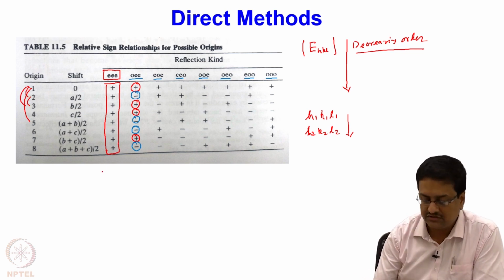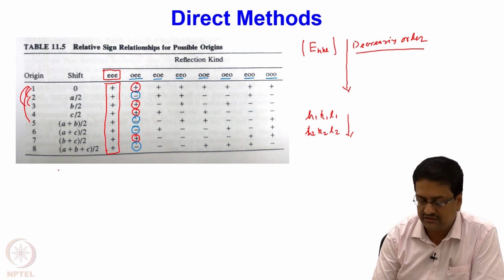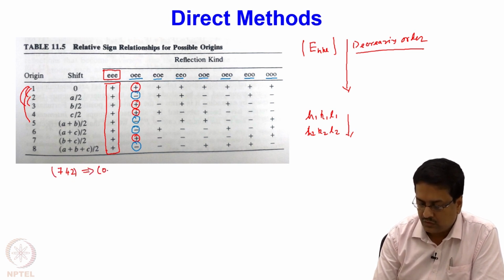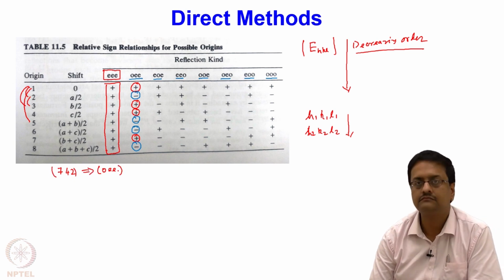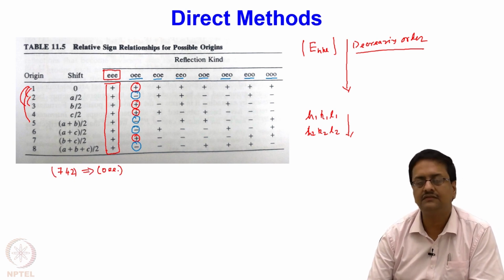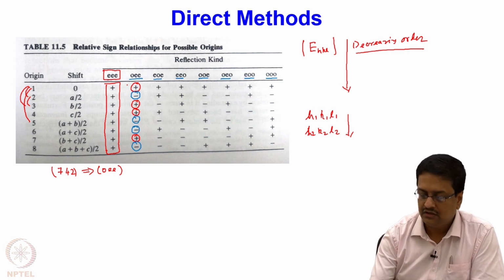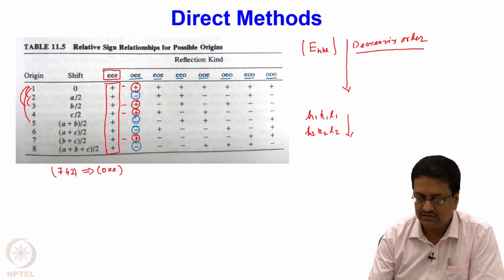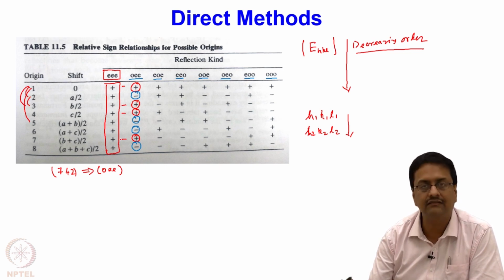So for example, suppose we take a reflection 742 which falls in the class of odd, even, even. So when we have this reflection odd, even, even, the 4 possibilities where the phases are plus are marked here. So at the origin 1, 3, 4 and 7, they will have plus phases.